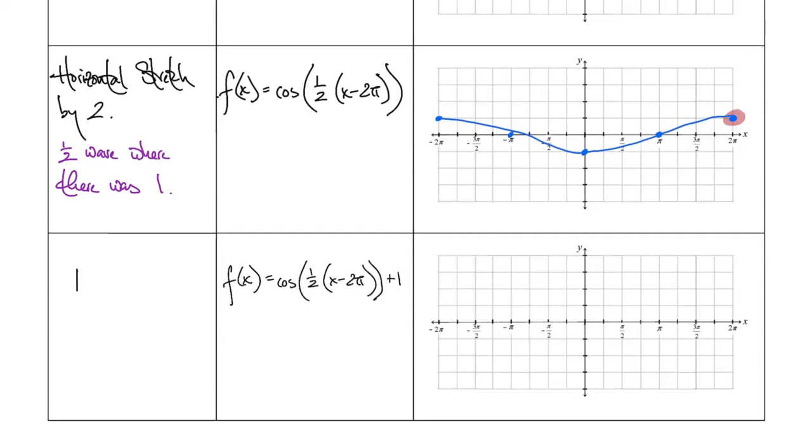We're going to shift that up by 1. Great. We're going to start with that center point. Center point goes up to here, and then everything else follows. All right.